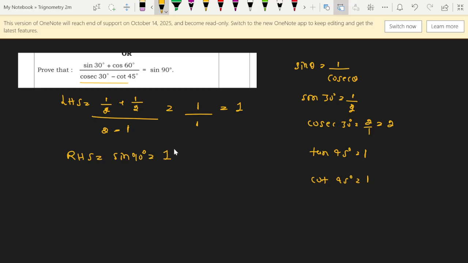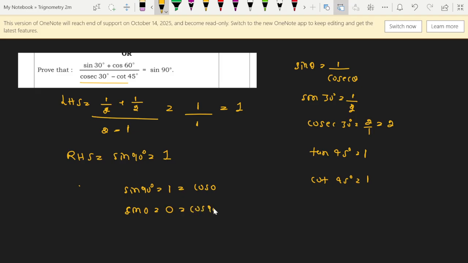If you check the values of standard trigonometric angles, especially less than 90 degree, they are called acute angles. You will find sin 90 as 1. Now if they ask cos 90, cos 90 is 0. 90 and 0 are friends, like sin 90 is equal to 1, which is equivalent to cos 0, and sin 0 is equal to 0.